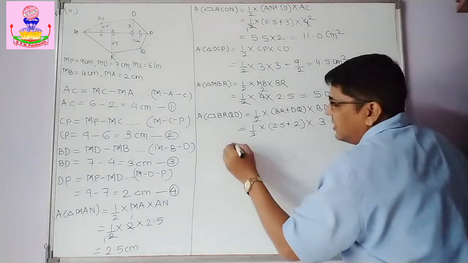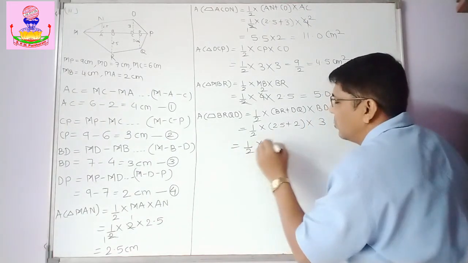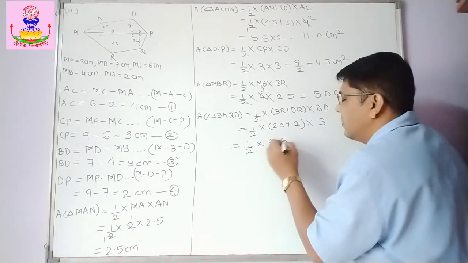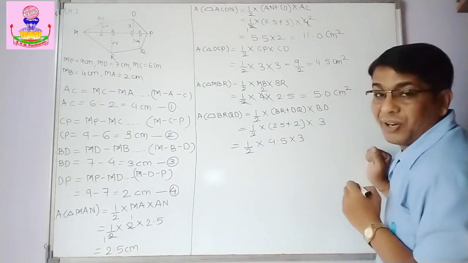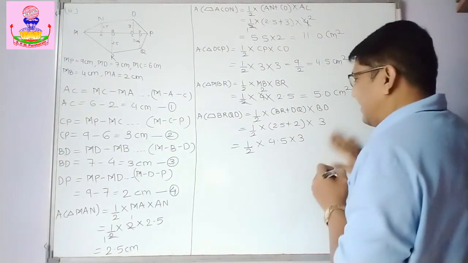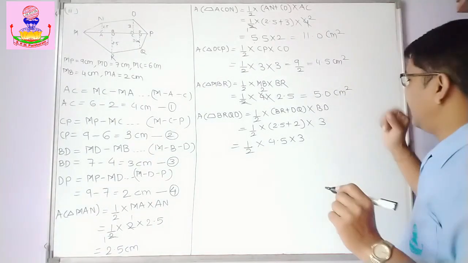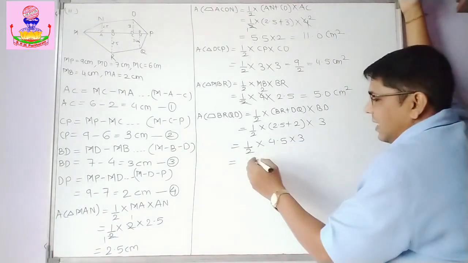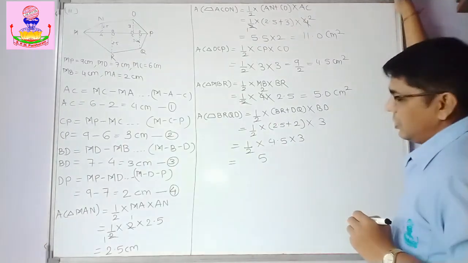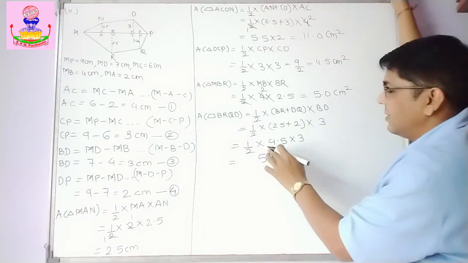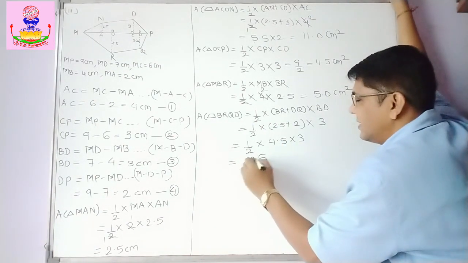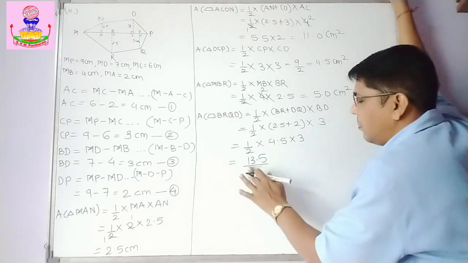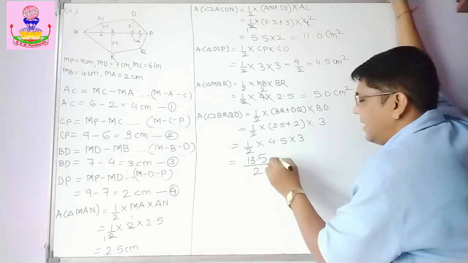Right. Now, that is equal to half into 2.5 plus 2, that is 4.5 into 3. So, not divisible, right? So, what can we do? Multiply. 5 threes are 15, 1 carry on. 4 threes are 12, 12 plus 1, 13. Decimal point after 1 digit. So, 13.5 upon 2.